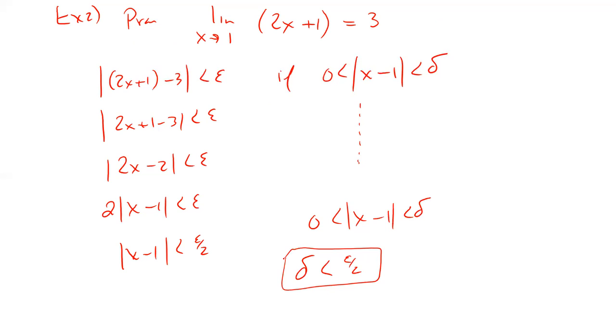The feel of it is that, once we saw the little graph, we can take a look at the graph again, but it's really just, you give me an epsilon. 2x plus 1 would look like this right here. And the limit is going to be right here, 3, at this point where x is 1.